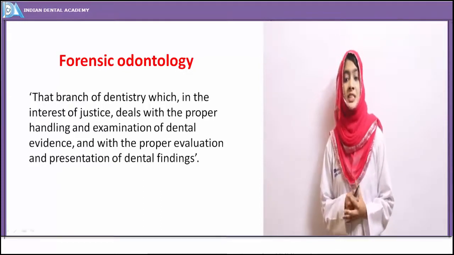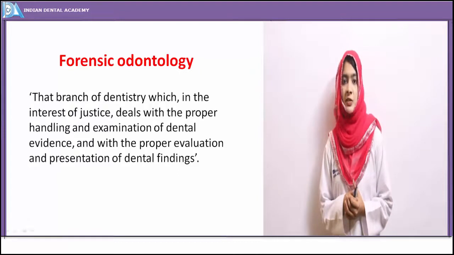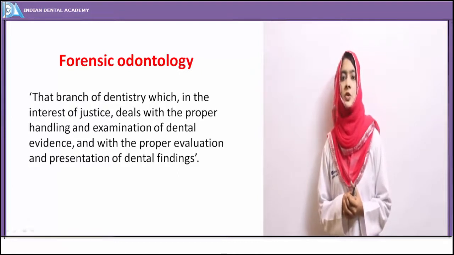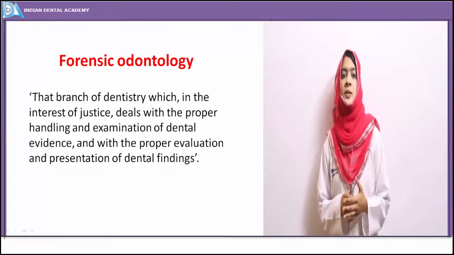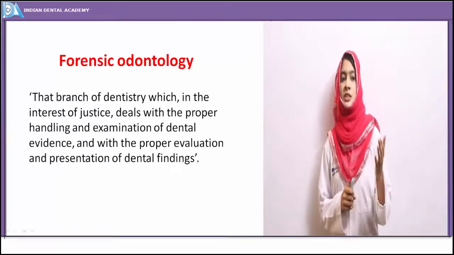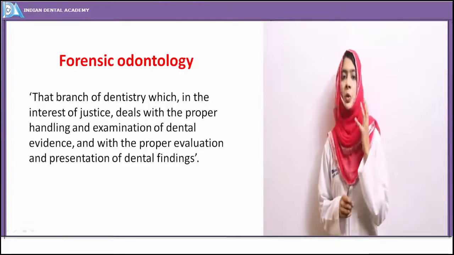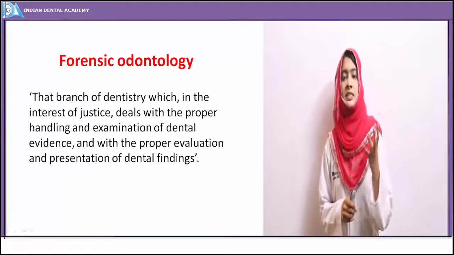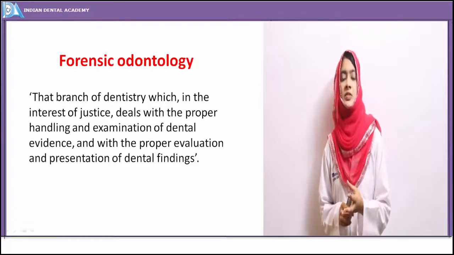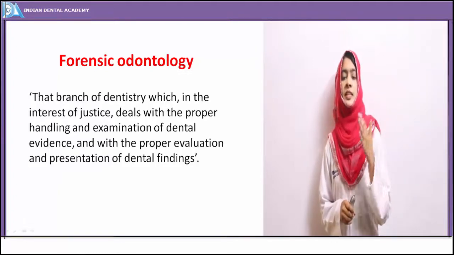Dentists are especially involved in the forensic odontology department because teeth are an indicator of our age. Teeth show differences in males and females. Both the bones of the skeleton, the maxilla, mandible, and the individual teeth show differences in males and females.